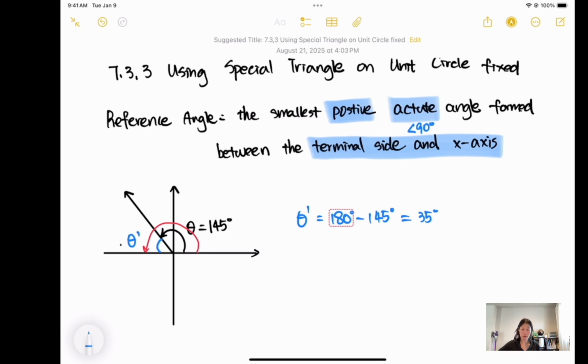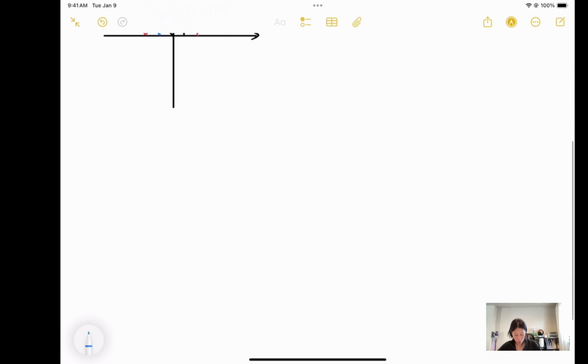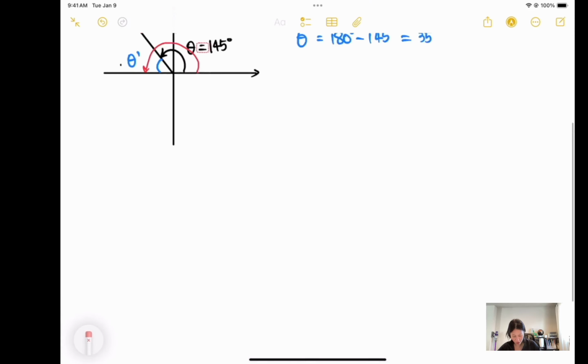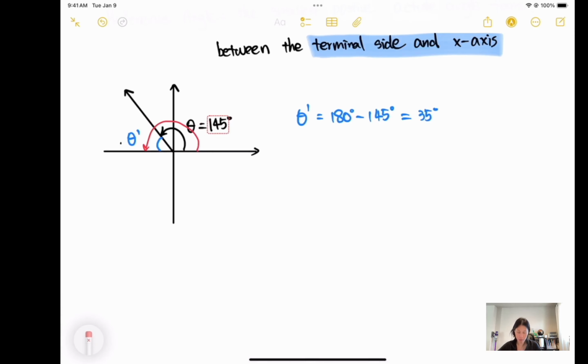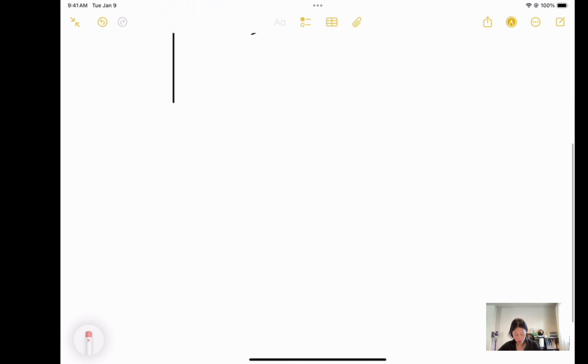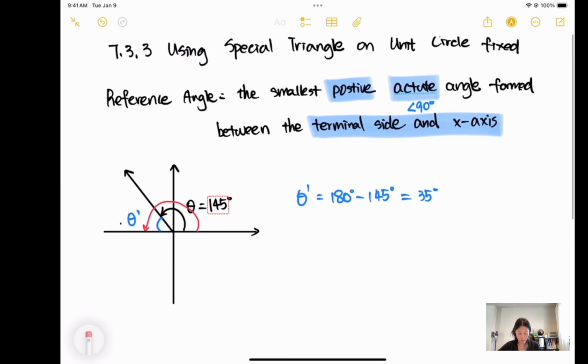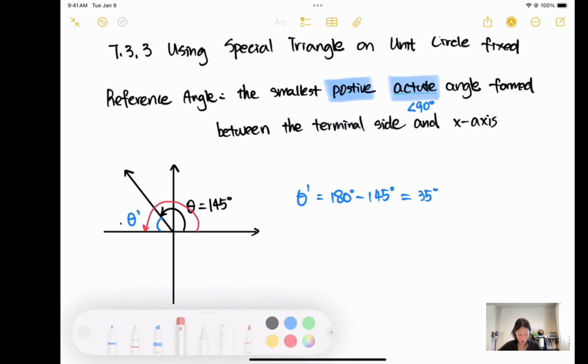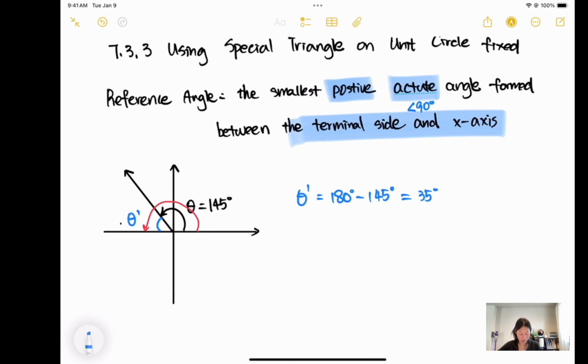So that's our reference angle for theta. Sometimes it's not necessarily the supplementary angle of the original angle, but you need to follow the reference angle definition. It's always the terminal side with the x-axis.